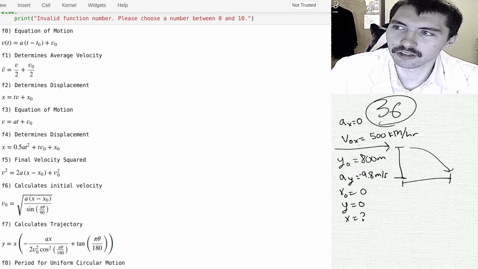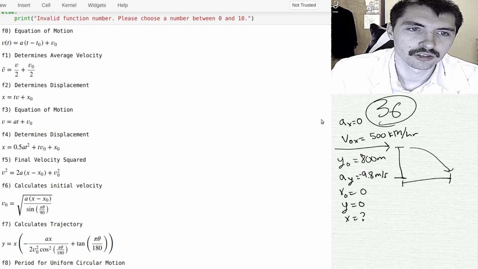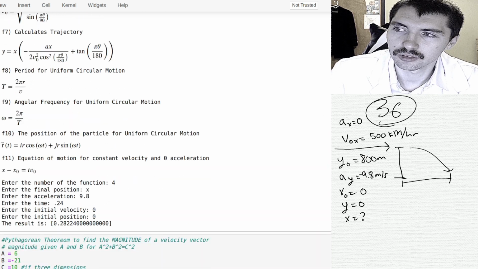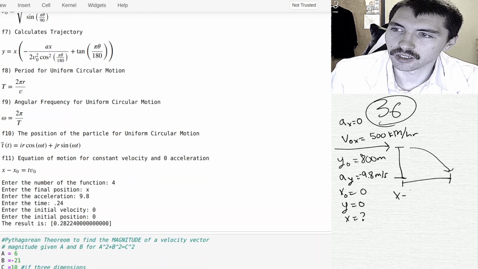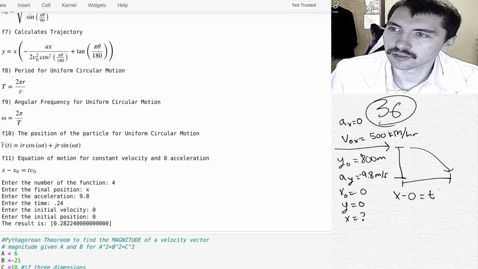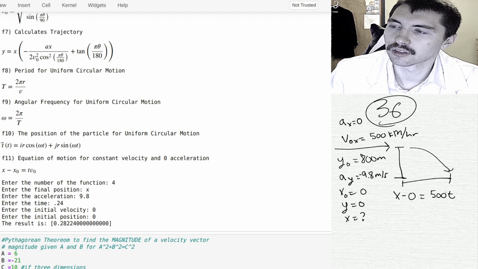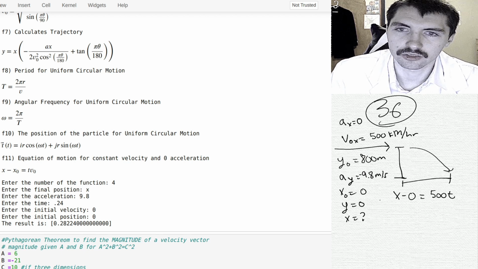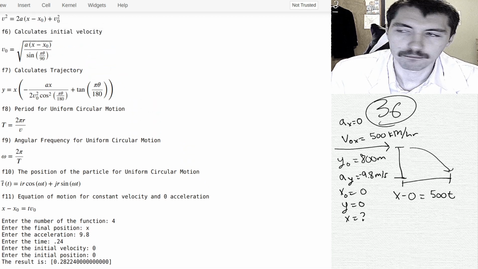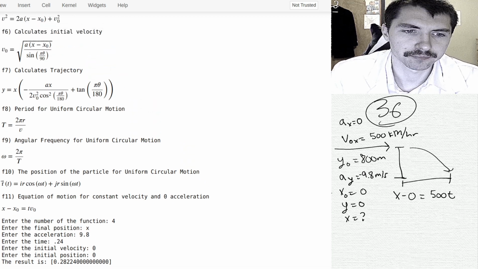That means we could do x minus 0 is 500t, but we don't know x. So that's the problem. We can't do this because we have two unknowns here.